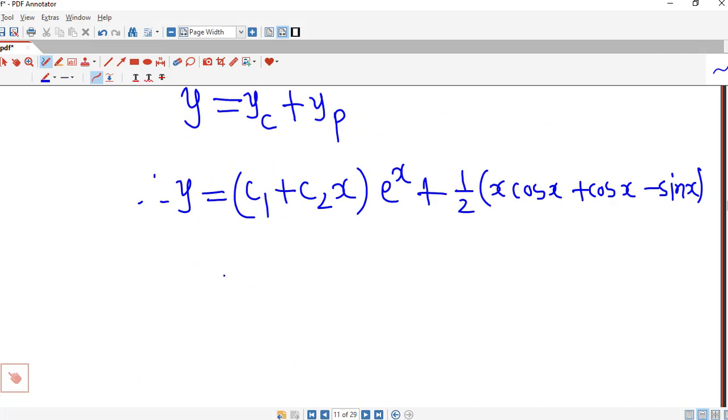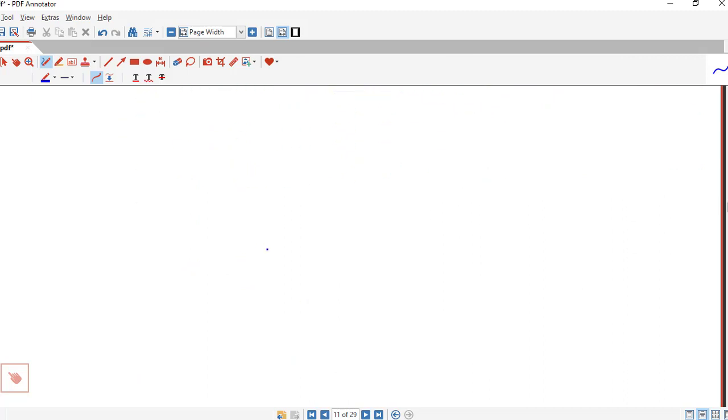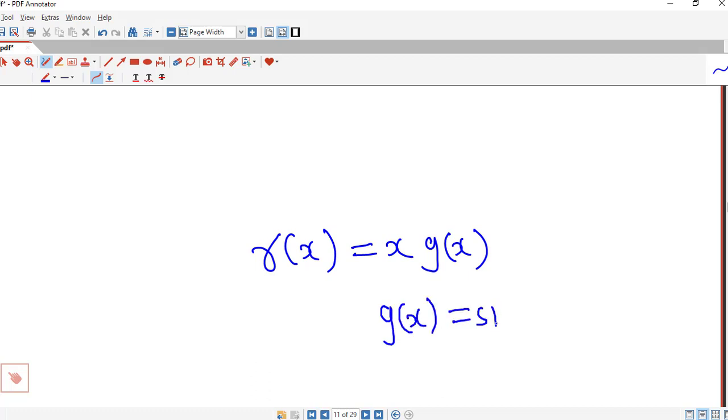So in this way we can use that formula to find the particular integral when R(x) is in this form, x into g(x), where g(x) is either sin ax or cos ax.